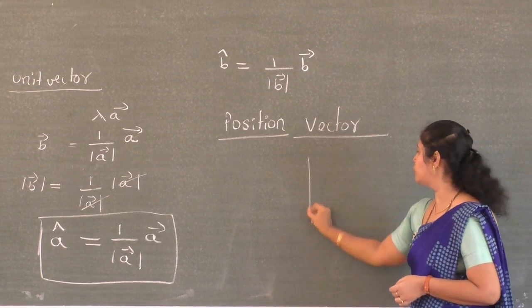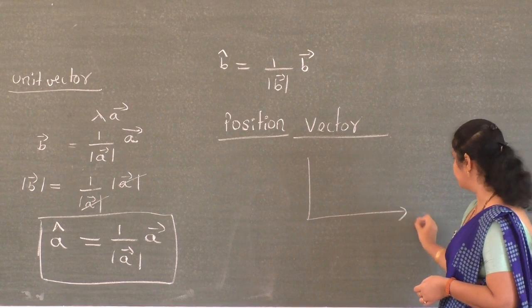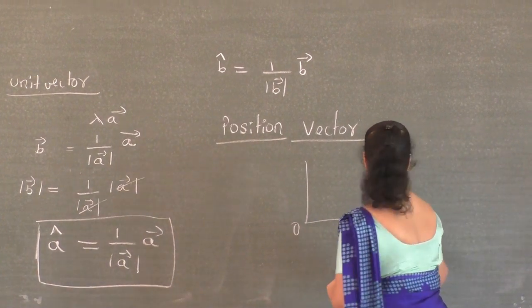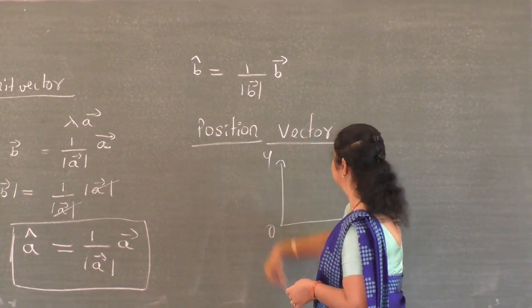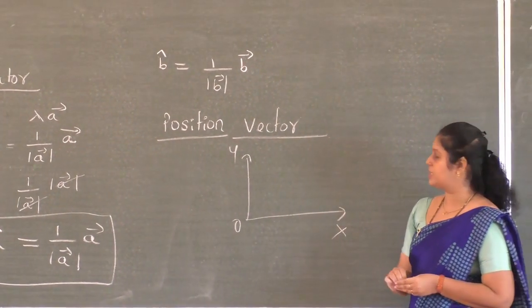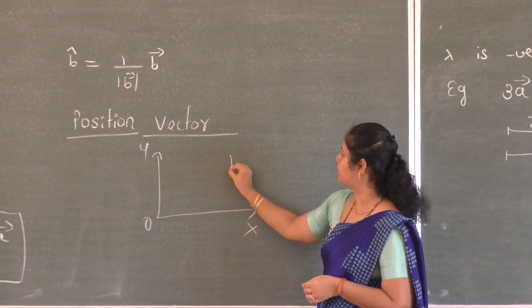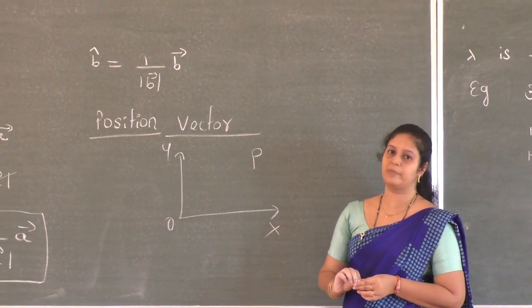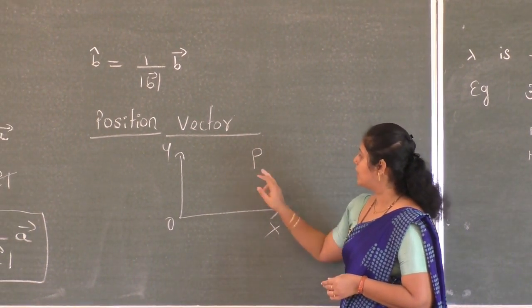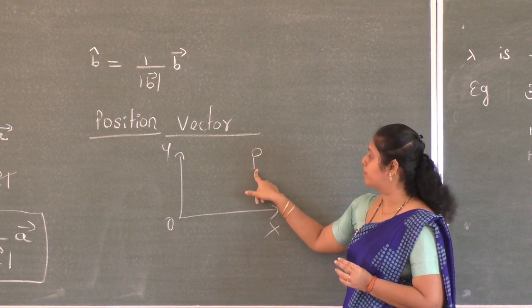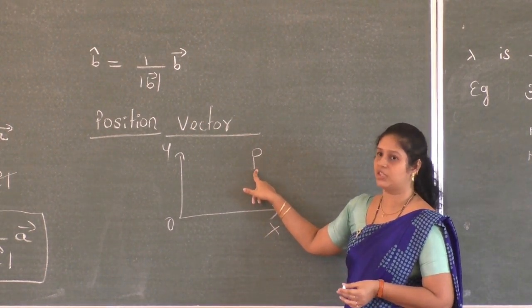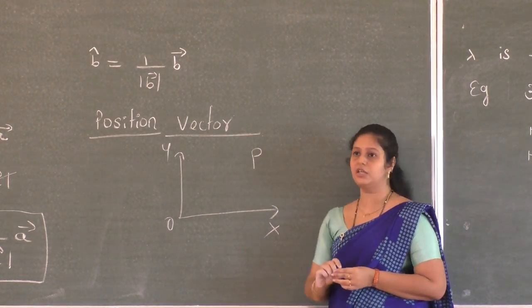Okay, now consider a 2D plane, a two-dimensional plane, that is the xy plane we are taking. Consider one point P in the 2D plane. Now what is the position of P as a vector? That is called a position vector.